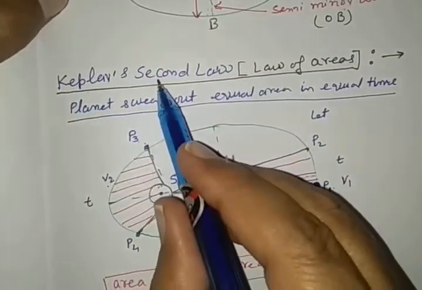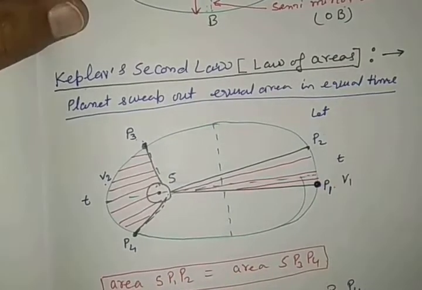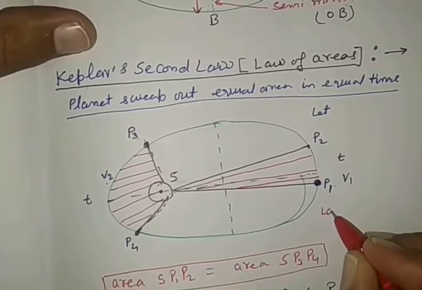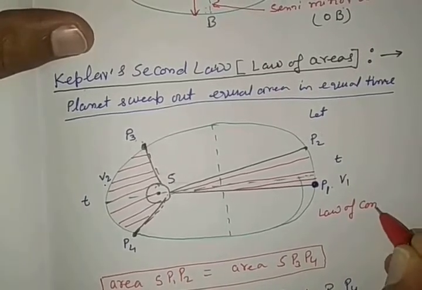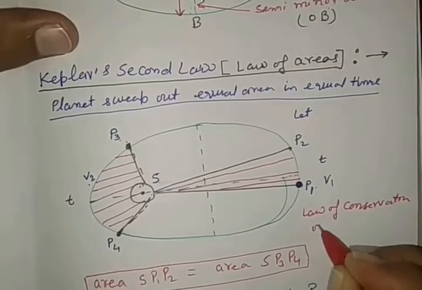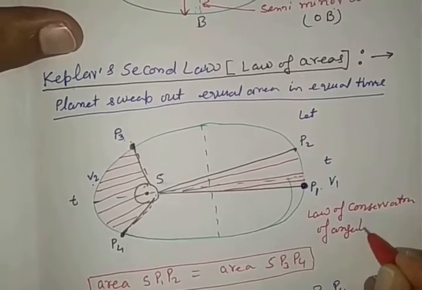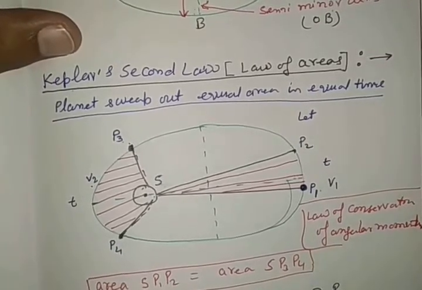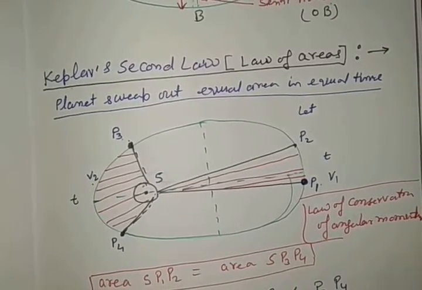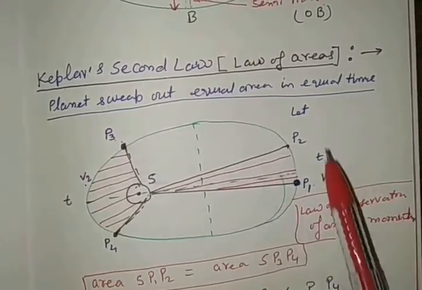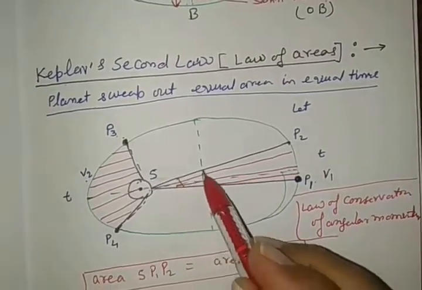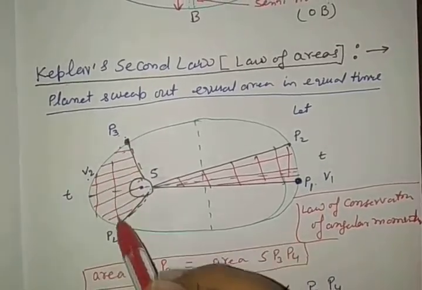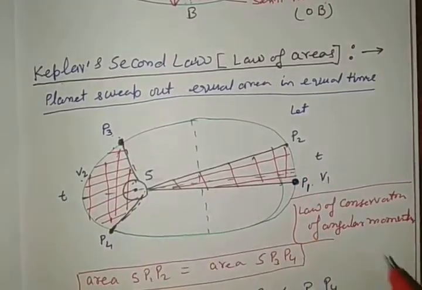But one thing is very important here. Kepler's second law of planetary motion, the law of areas, is based on the law of conservation of angular momentum. So three points are very important here. Planets sweep out equal areas in equal times. So in this case, the swept area in both cases is the same if both have the same time.